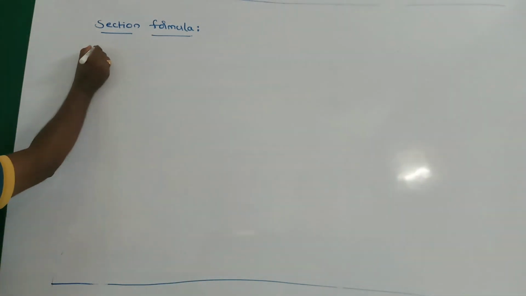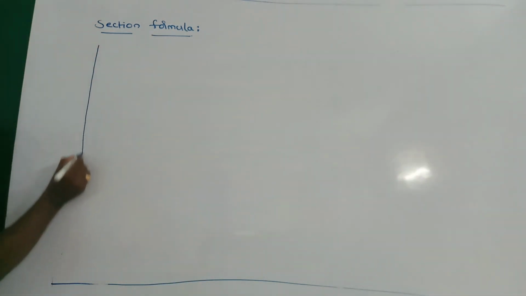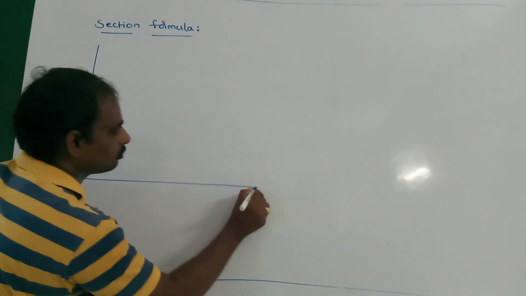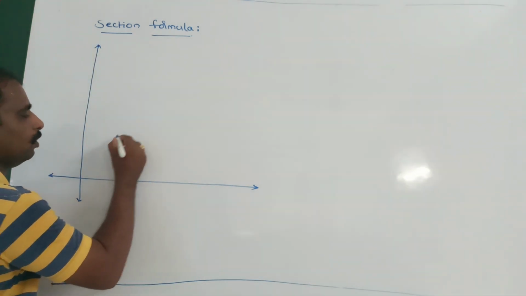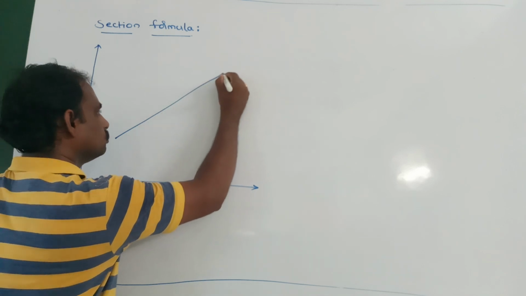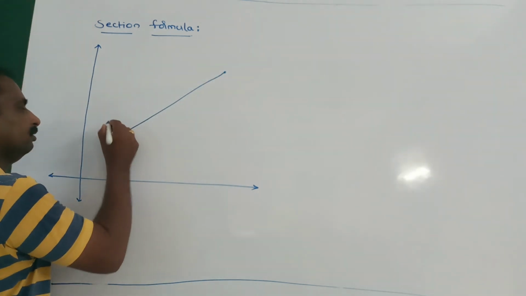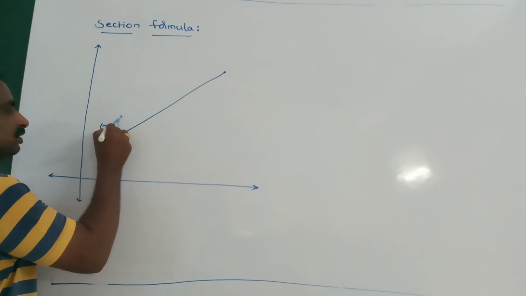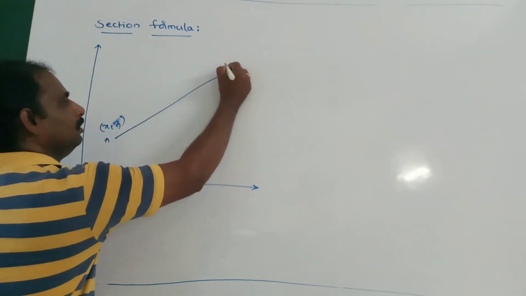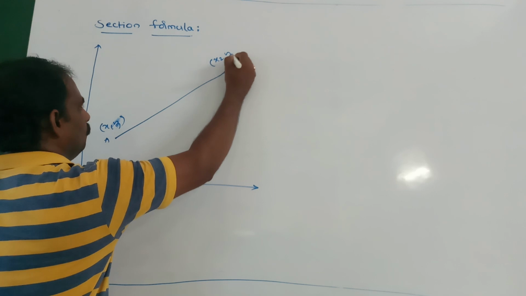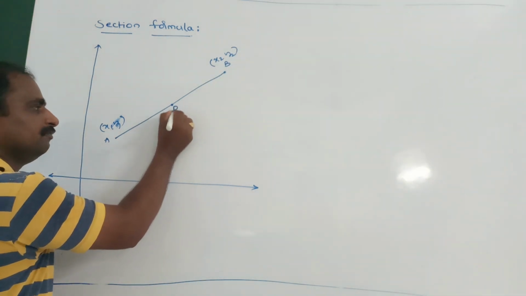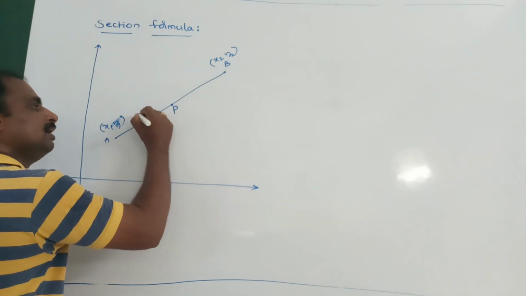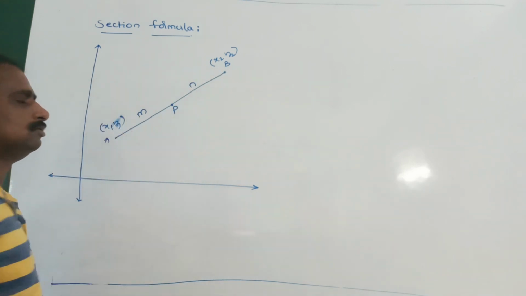Let's take the y-axis and the x-axis, and take a line segment AB, with A (x1, y1) and B (x2, y2), and take a point P which divides AB in the ratio m is to n.